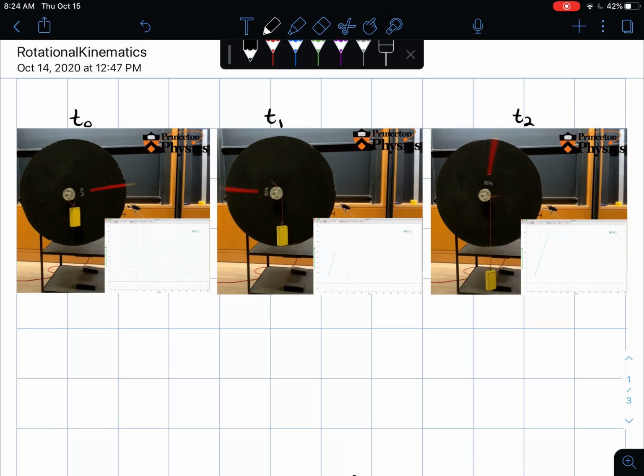So this is just three different snapshots of the exact same trial. What I want to look at is the angular position of this red thing as it goes around. You see how it's clearly going around. I'll make that more explicit in a second.